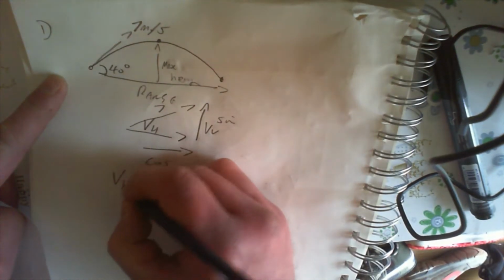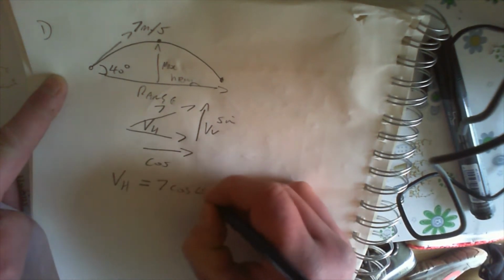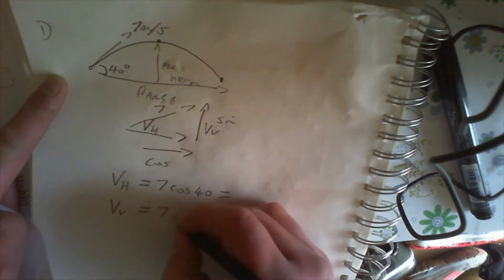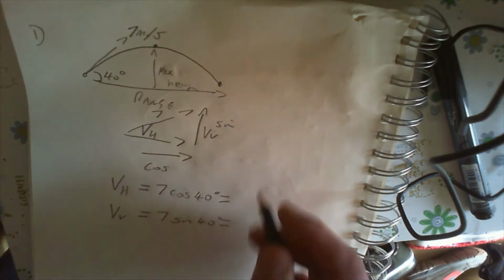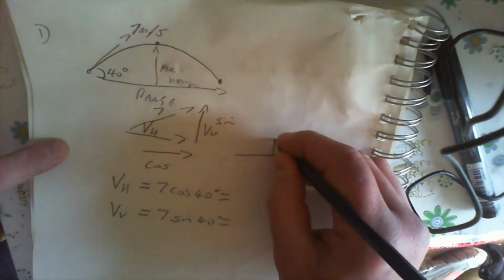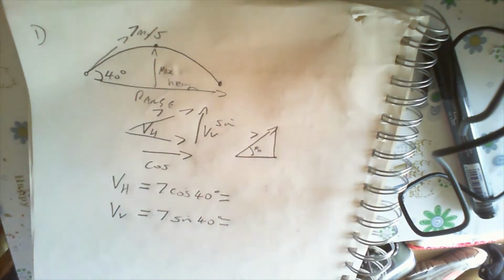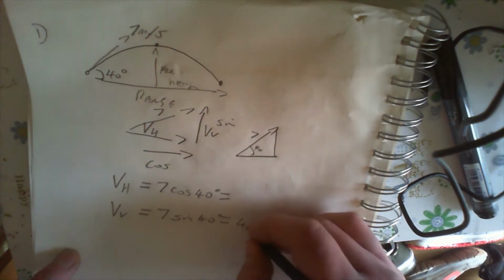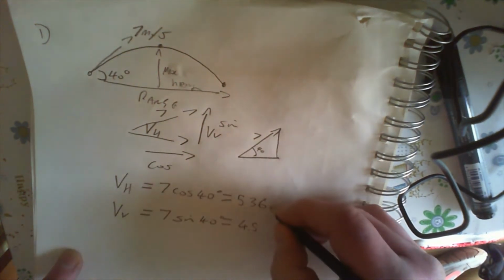So the horizontal velocity is equal to 7 cos 40 degrees, and the velocity in the vertical direction is going to be 7 sin 40 degrees. I'll write this out a little better. That's 7 and that's 40 degrees, and it works out at 4.5 and 5.36 meters per second.